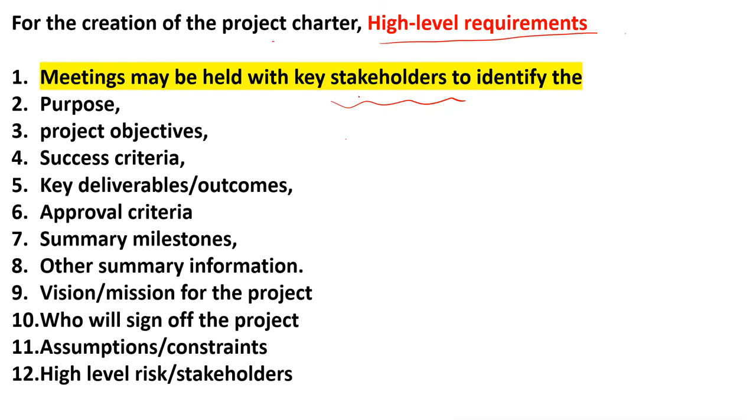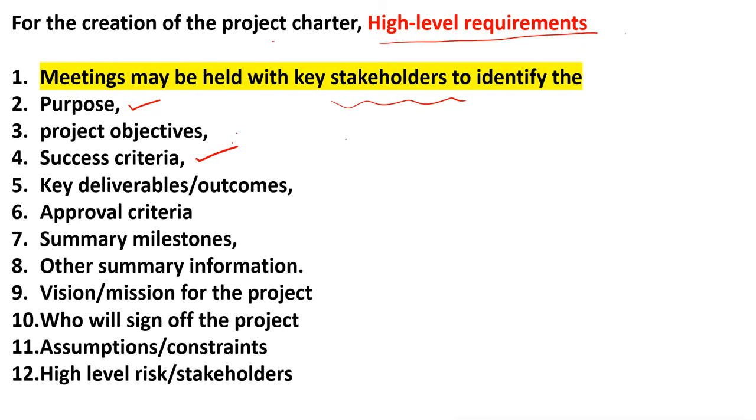So we have to arrange a meeting with the stakeholders, and all together we have to decide what the high level requirements are, meaning what is the purpose of the project, what are the project objectives, what is the success criteria.